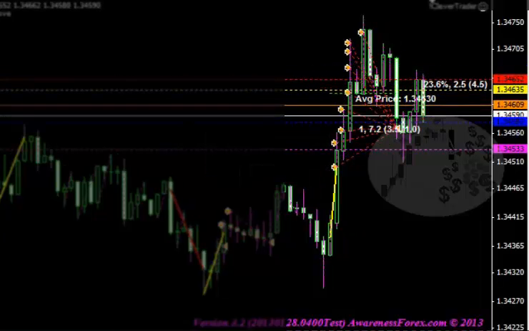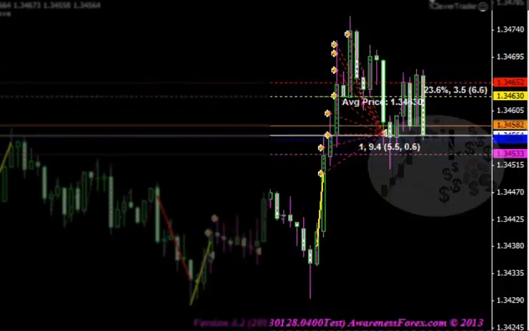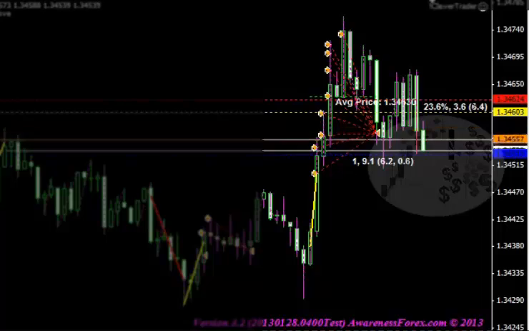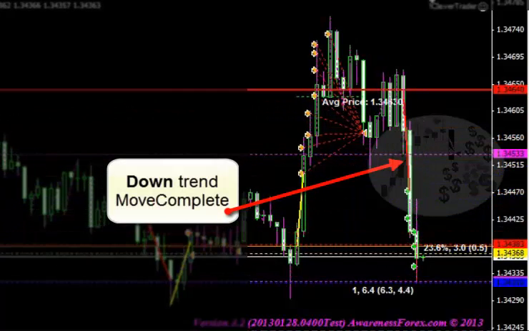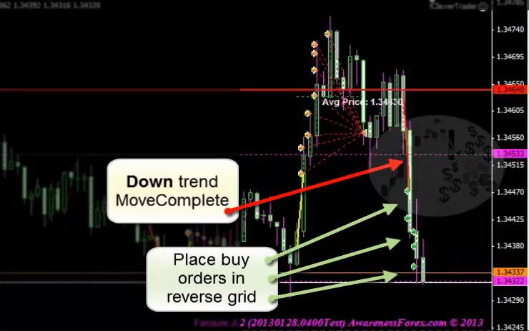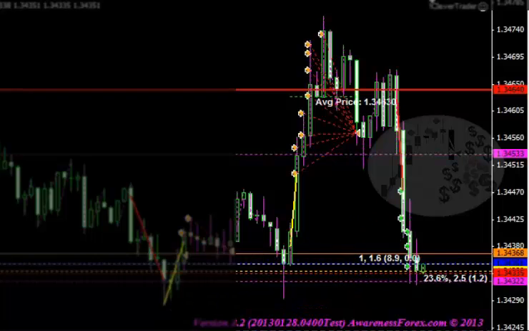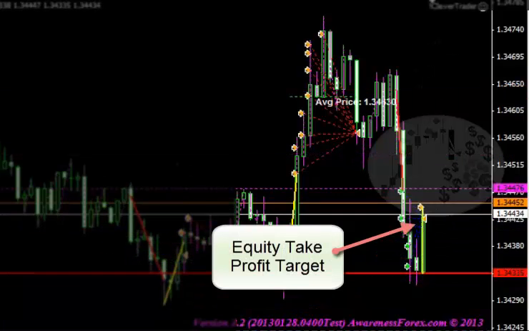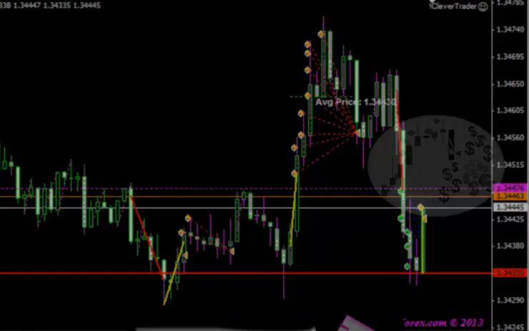And then we start all over again, looking for the next up or down trend to take advantage of. So we have detected a downtrend, and we can see the market moving down further. We have placed some grid trades to go long. And then we'll offset when a net profit has been reached.